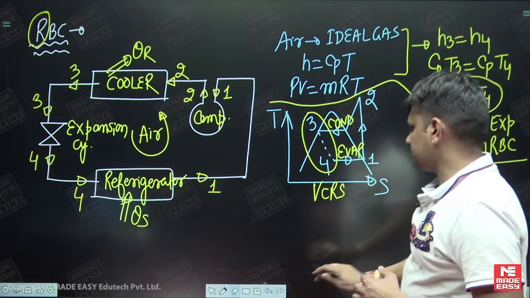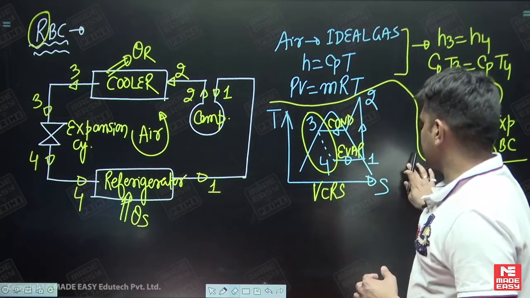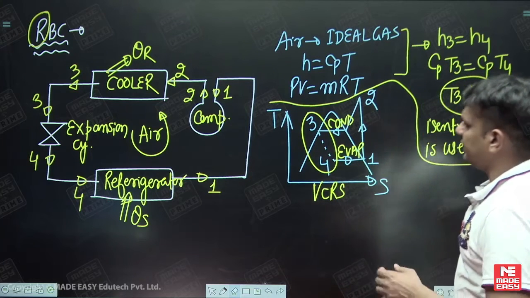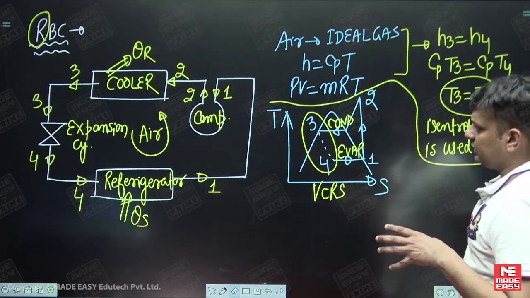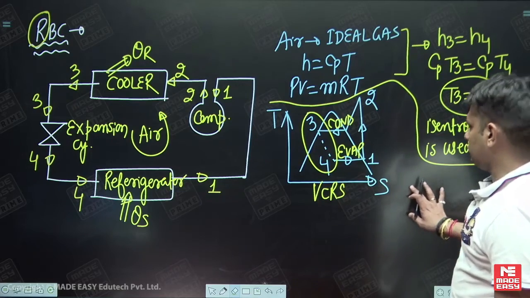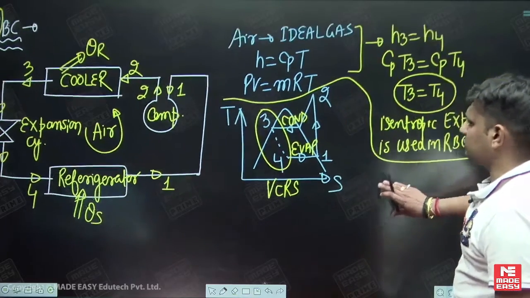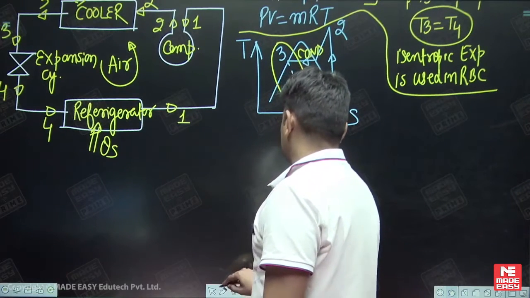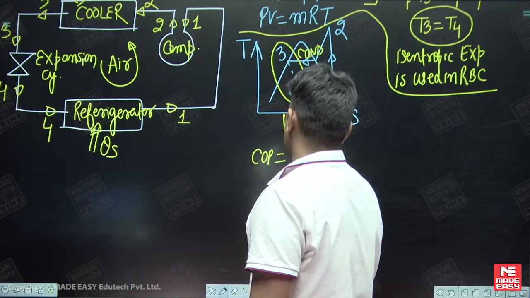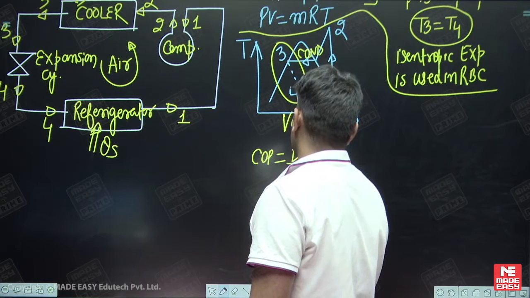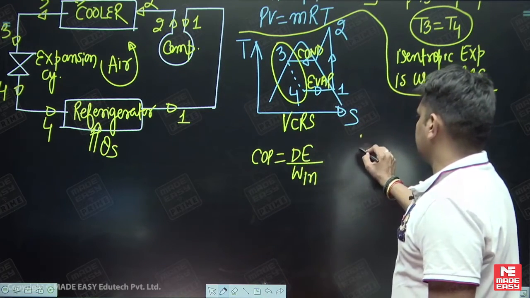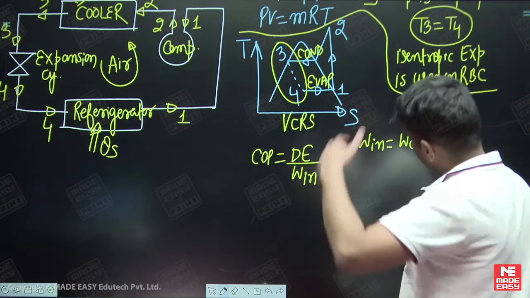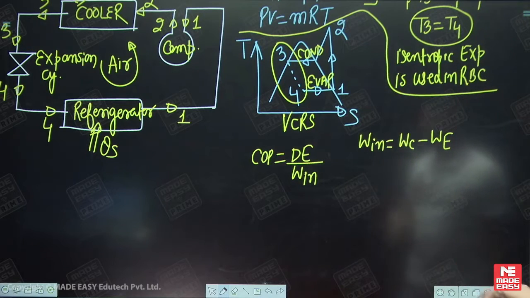But why are we using isenthalpic expansion in VCRS? The observation is that if you use isentropic expansion, it will not justify the cost of the expander. COP is equal to desired effect upon work input, and work input is equal to compressor work minus expander work.